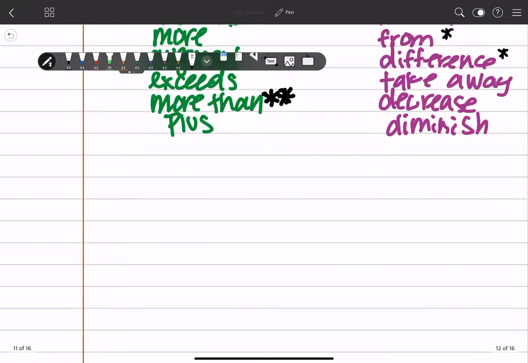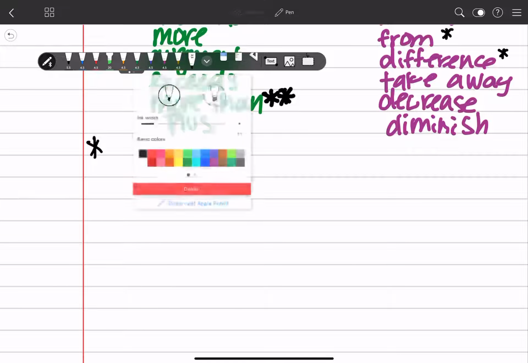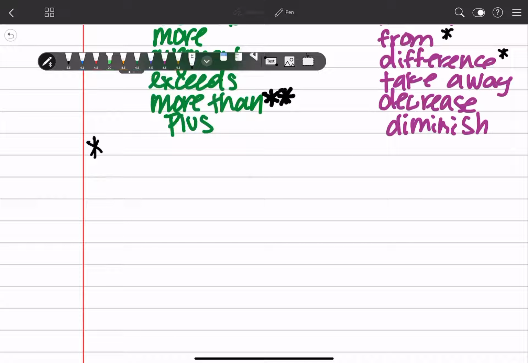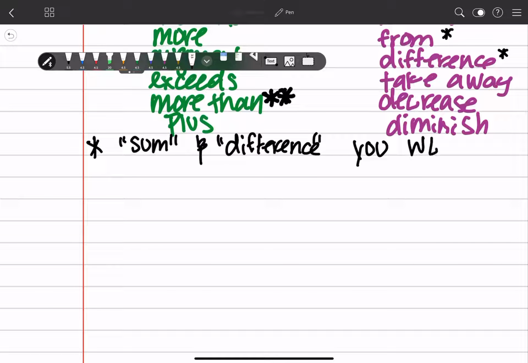Now, the 1 star is because for sum and difference, and sometimes even from, it just kind of depends. But both of these, you will need parentheses.